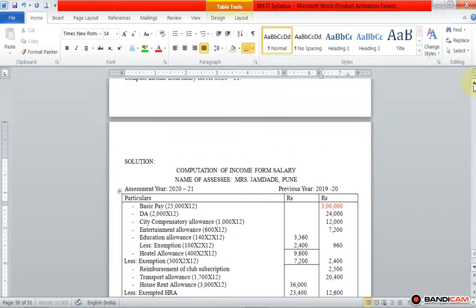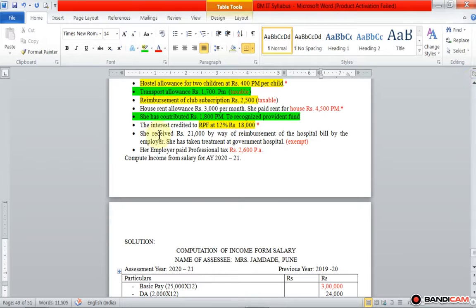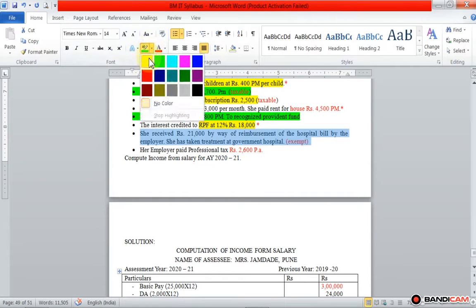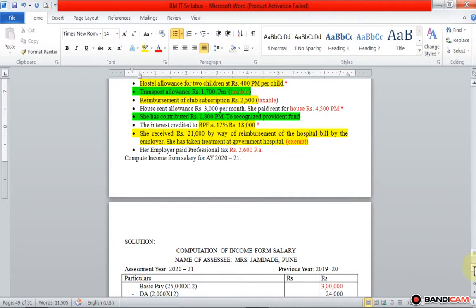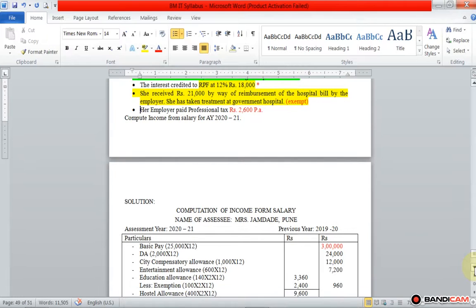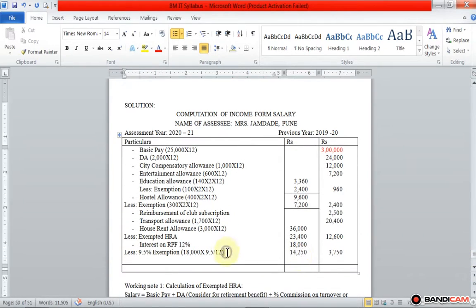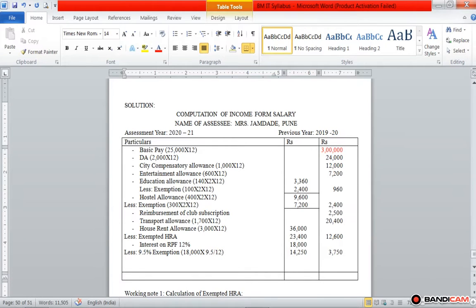Then reimbursement of medical bill amounted to rupees 21,000, and the assessee took treatment in a government hospital. So all the amount is exempted.